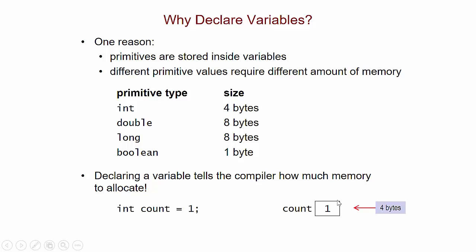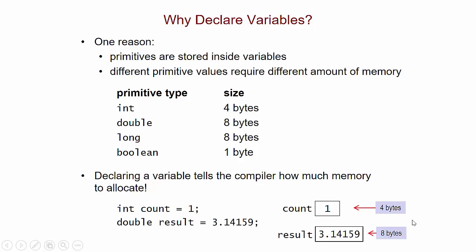So for example, if I'm using a variable called count, I declare it to be of type int if I want it to store an int, and that way the box will be 4 bytes. If I have a variable of type double, then the box will be twice as large. It'll be 8 bytes, and therefore it will be able to store a double.